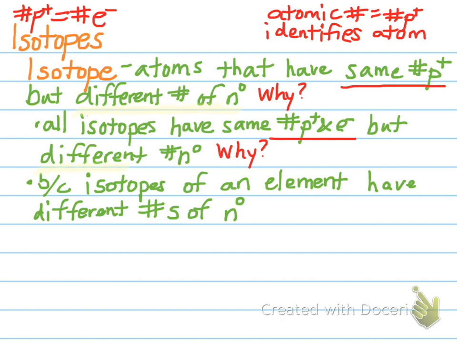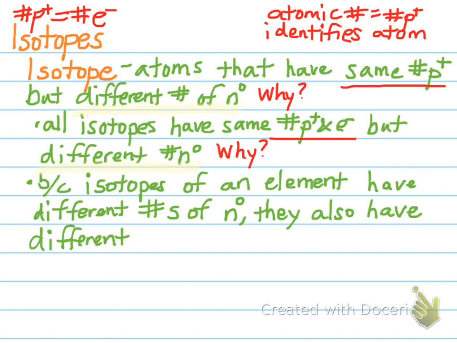All isotopes have different numbers of neutrons, right? So that's important, obviously, to isotopes. So because the isotopes of an element have different numbers of neutrons, they also have different mass numbers.